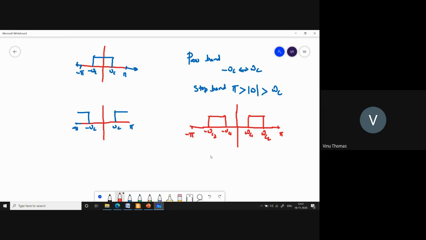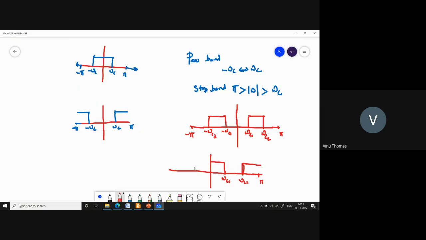I have drawn ideal band pass filters. Likewise, let me draw my band stop filter. So you have two frequencies, omega c1 and omega c2, and the filter is supposed to stop all frequencies in between omega c1 and omega c2 like this.